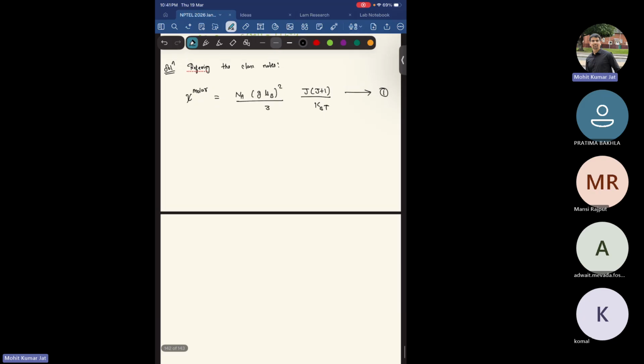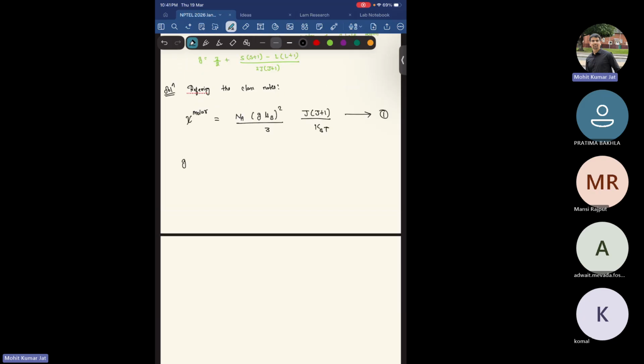and the value of g is also given in the hint of the question, which is 3/2 plus S(S+1) minus L(L+1) divided by 2J(J+1). So effectively we need to calculate g.